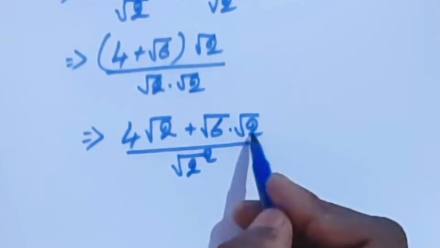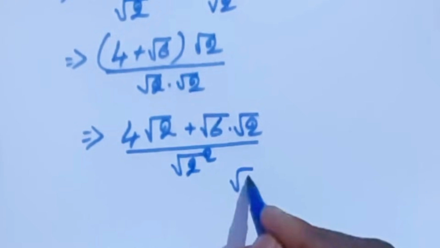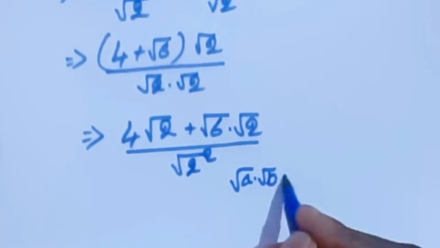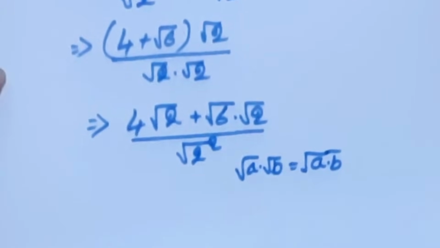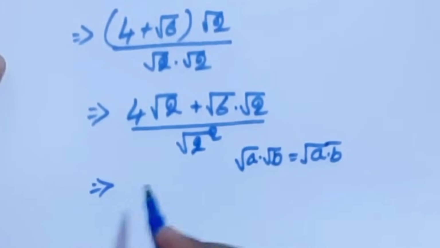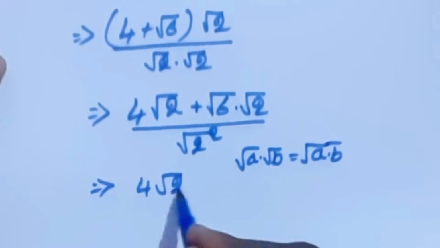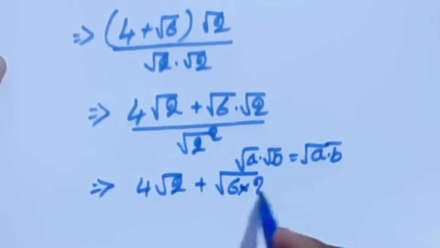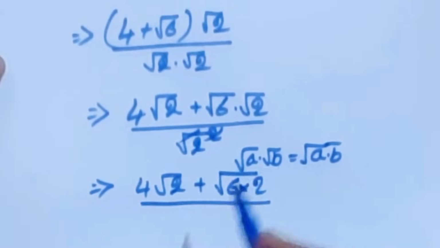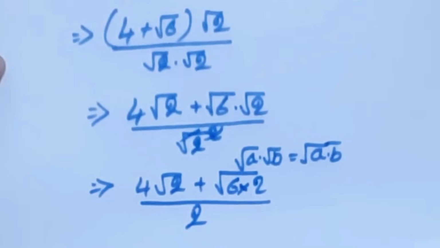Now we are going to apply this: square root of a times square root of b equals square root of ab. This we are going to apply here. So 4 square root of 2 plus square root of 6 times 2, by this cancels this. So here 2.